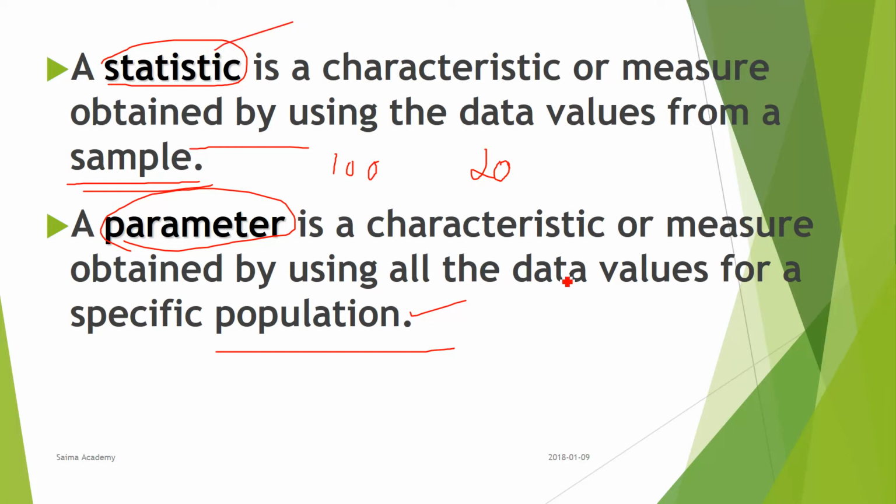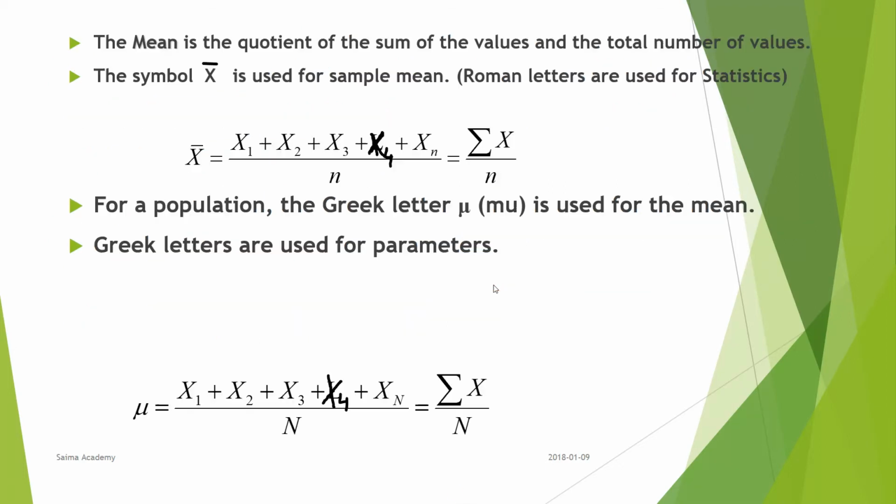If we take all the data values for the specific population, it's called the parameter. So this is the difference. A statistic is a characteristic or measure obtained by using the data values from a sample, while the parameter is a characteristic or measure obtained by using all the data values for the specific population.